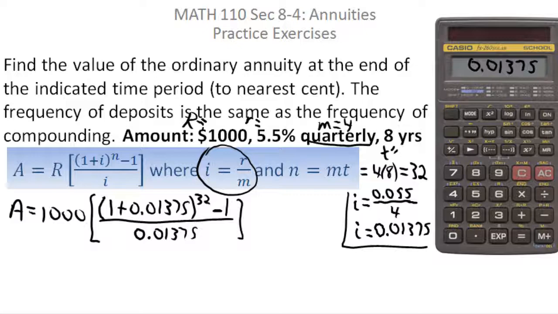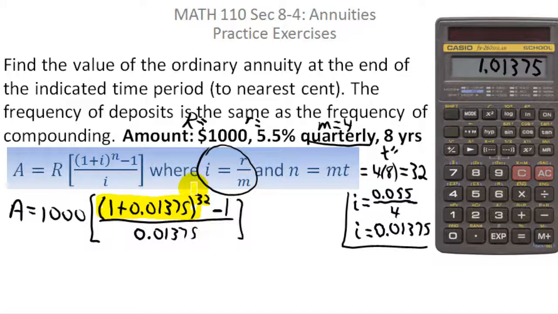So let's take this one thing at a time. The first thing I want to do is add 1 to the result that's already in the calculator. I take the displayed value, which is the decimal part, and say plus 1 equals. Obviously I get 1.01375. Next I need to raise that to the 32nd power.